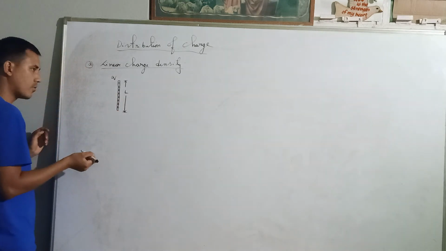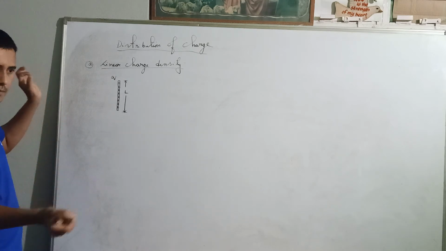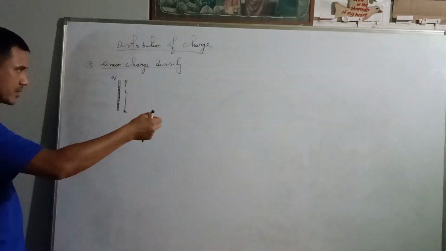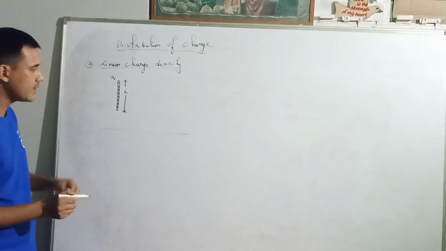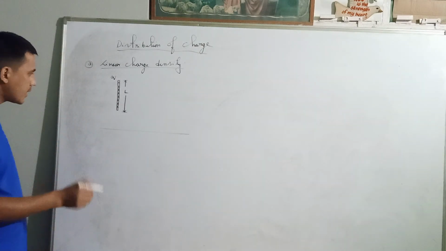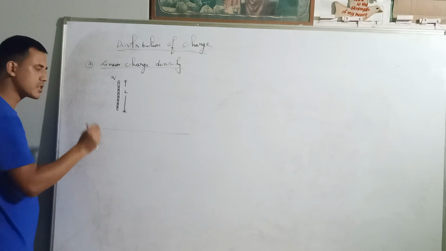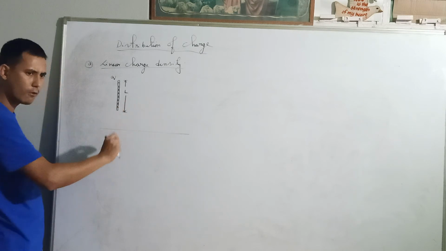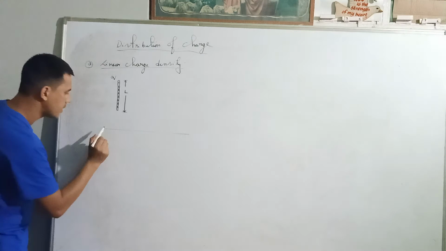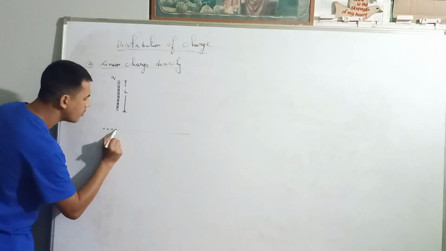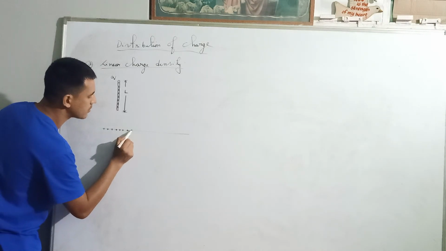When we consider a very thin rod, just one-dimensional, a line having negligible thickness, the charge cannot be distributed over its surface or over its area of cross-section. It can be distributed only along the length of the rod.